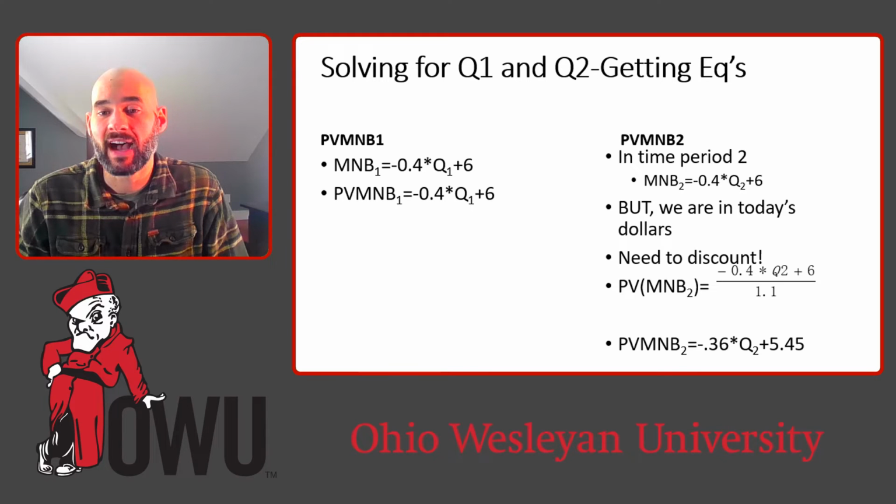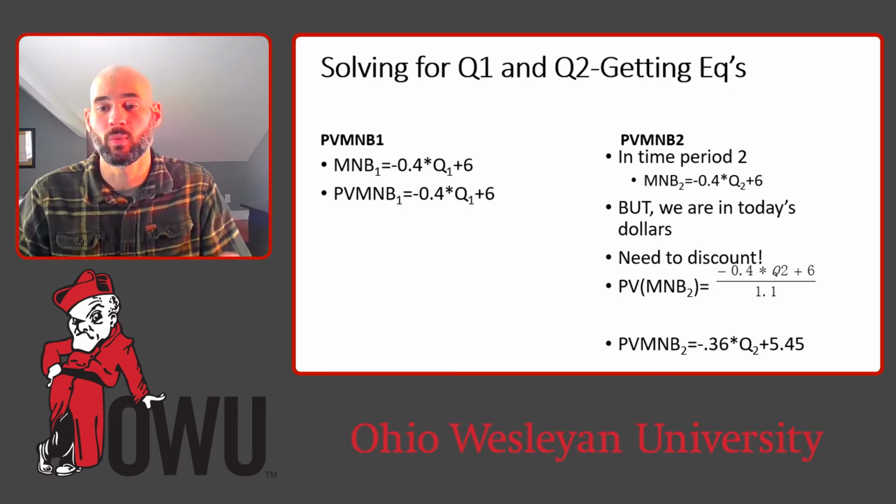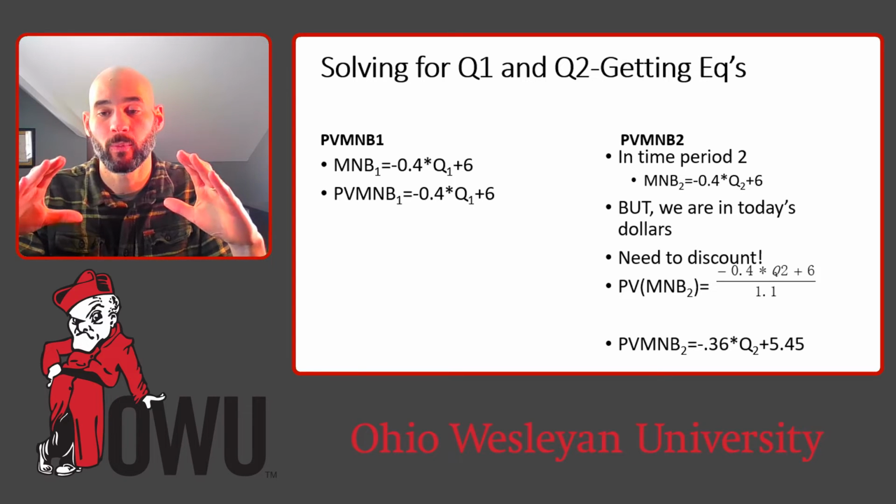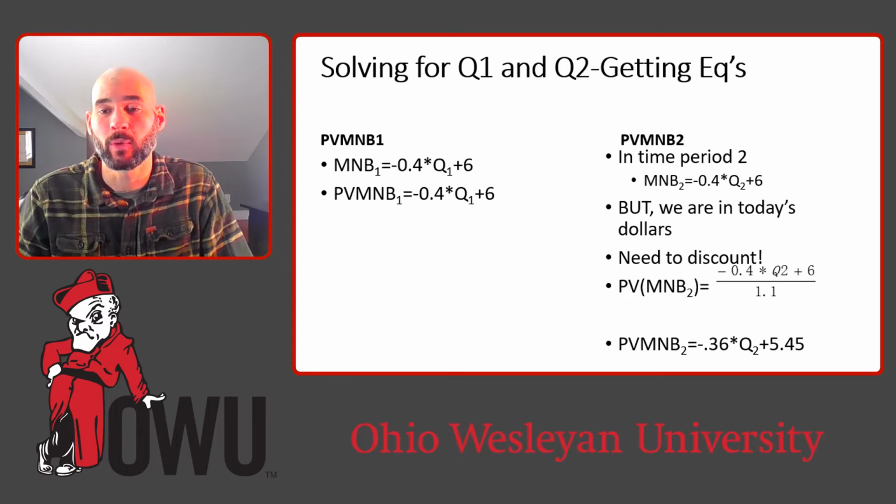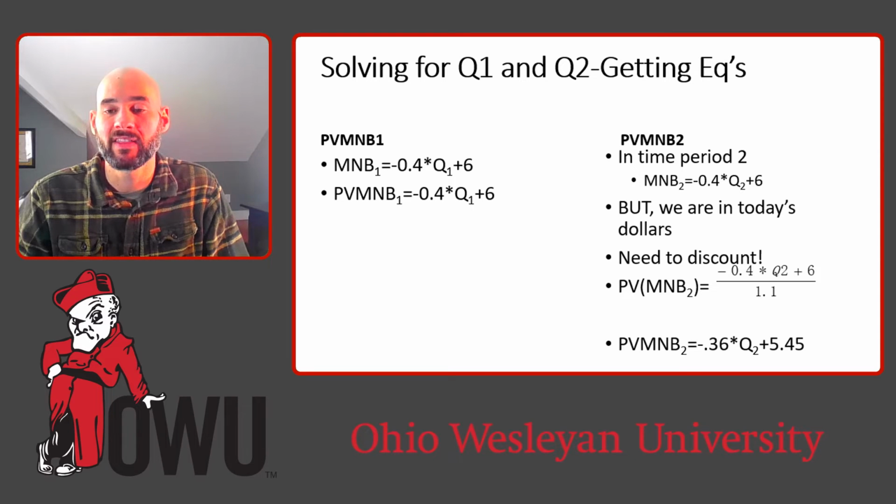And so we divide all of that by 1.1, which is really just 1 plus 0.1 raised to the 1, like we're making that present value, future value conversion that we did back in week 2. And once we do that, we find that the slope is now negative 0.36 and the y-intercept is 5.45.